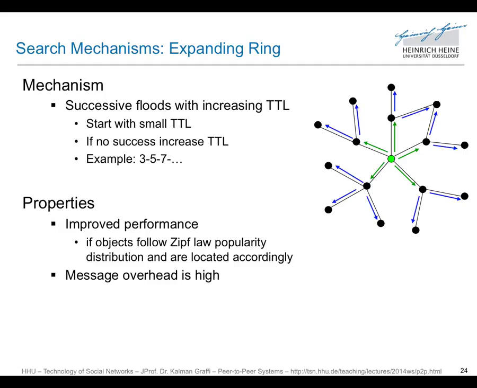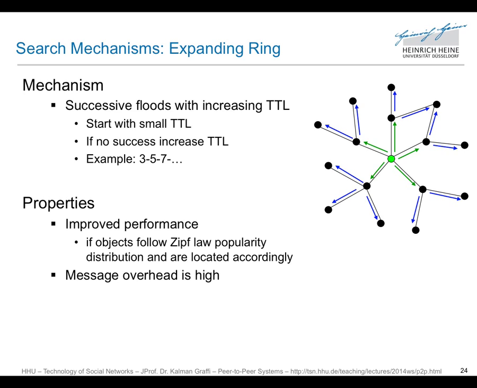You start with a small time to live, you search only in a small environment because most commonly you are looking for something popular which is also provided in your neighborhood, in short distance. And if it's not there, but 50% let's say of the cases are covered with it, then another 30-40% can be covered if you increase it from 3 to 5, let's say. And only very few queries are left which have a very big time to live at the end.